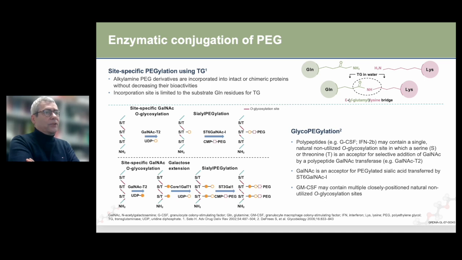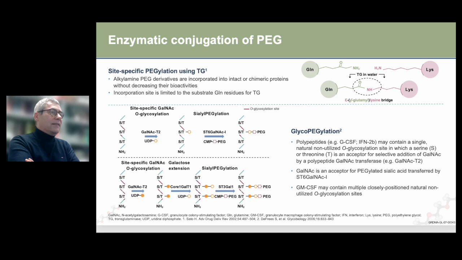Another method was developed a few years ago in 2006, and is glycoPEGylation, and this is a multi-step conjugation which exploits different enzymes. The first step is the galactosylation of sites which have not been engaged in glycosylation naturally, for example, serine or threonine.